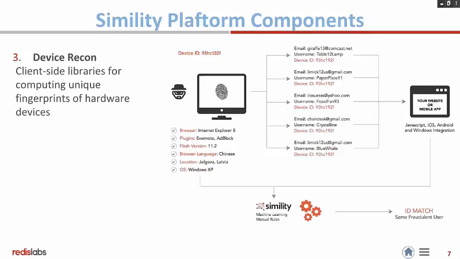We use various aspects of this hardware information to generate a unique device fingerprint. We try to generate this fingerprint in a way such that even if the person is changing certain aspects of the device, like changing the monitor or clearing cookies or changing the browser and so on, we still generate the same device fingerprint.